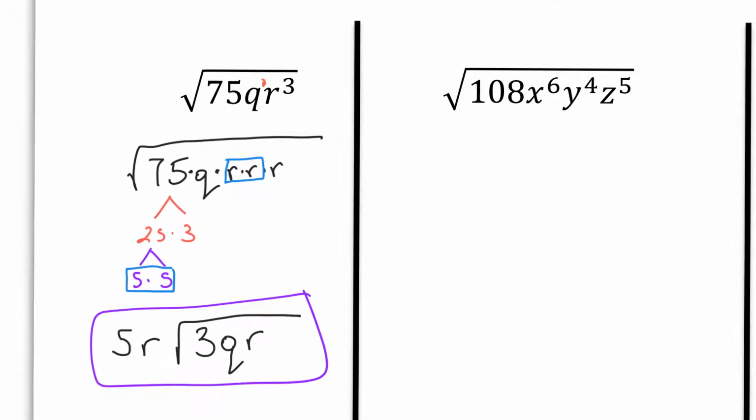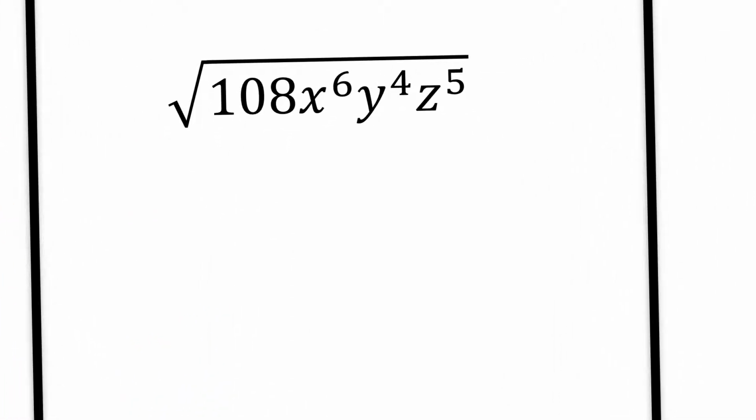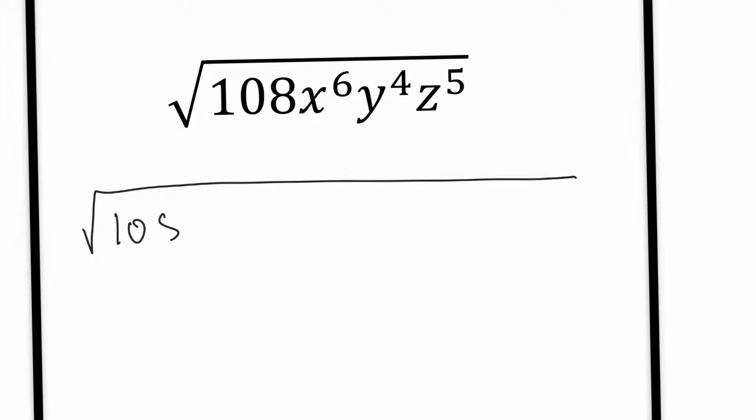The next one is you have more variables. So I'm going to expand the variables, and I'm going to break down the number. So for the 108, I'm going to leave the number for now. I'm going to multiply by x times x, and I'm going to do that 6 times because I have the x as an exponent of 6, x to the 6th power.